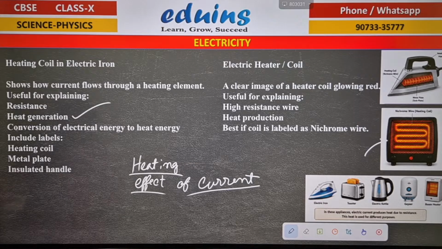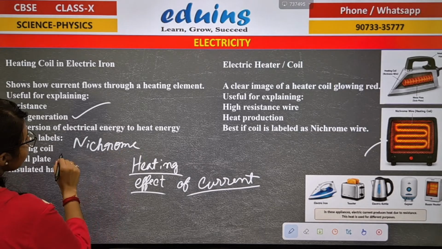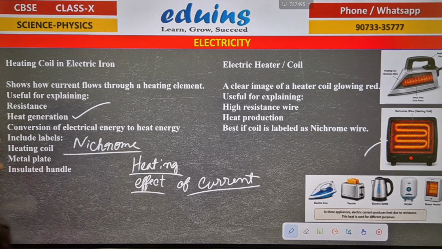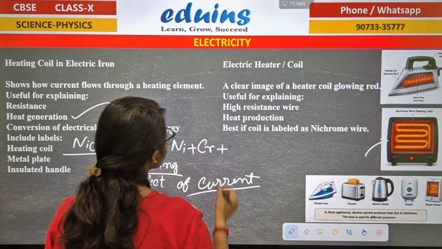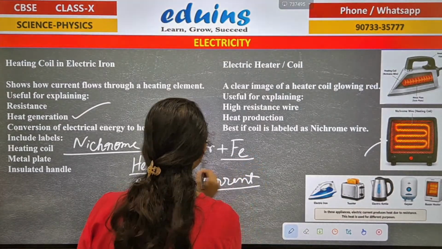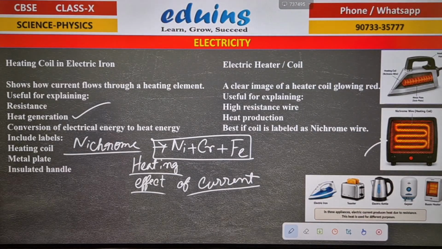Now, the heating coil used is the nichrome wire. Nichrome is made of nickel, chromium and iron, the main metals used to make nichrome.